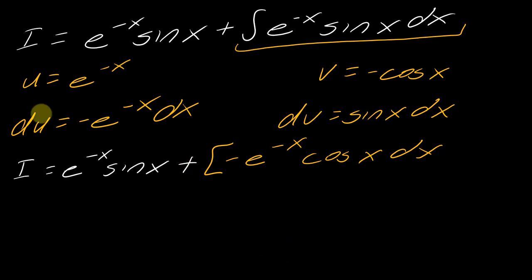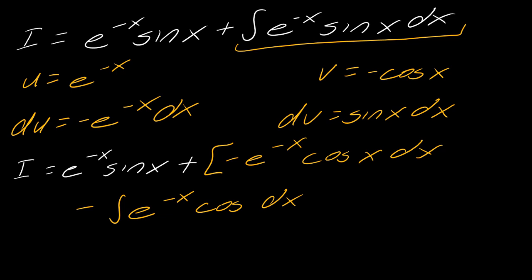I'm all over the place. Okay, uv should be this, minus v du. So again, this is negative and this is negative. So these negatives become a positive, so this negative stays. Lots of negatives you got to keep track of with this one. So this will be cosine dx. Okay, yeah, I've got everything.